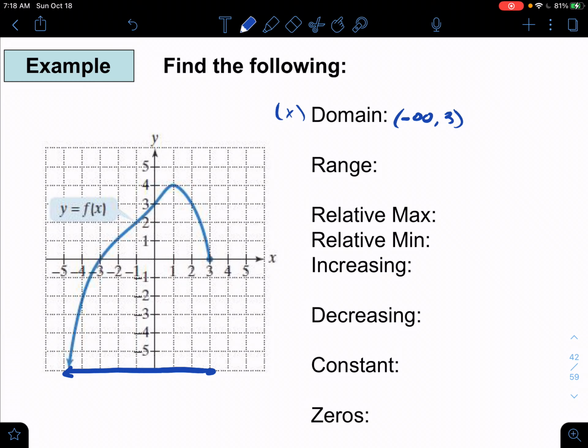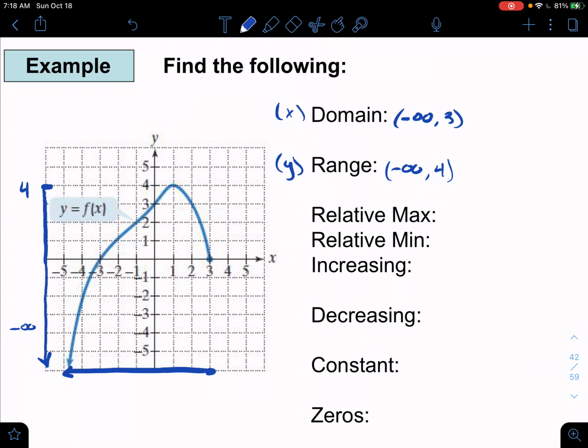For your range values, it looks like we hit y values from positive 4 all the way to negative infinity. So again, we always list those from least to greatest, from negative infinity all the way up to a positive 4. And those would be our y values. Great. Nothing new there. We've been talking about domain and range for a while.